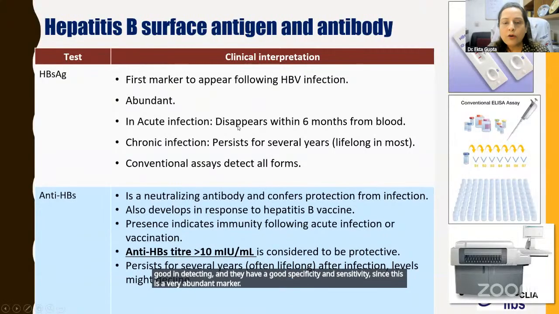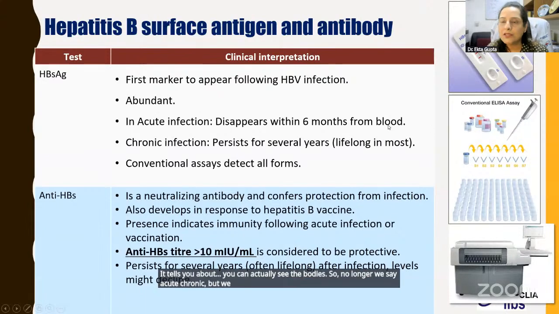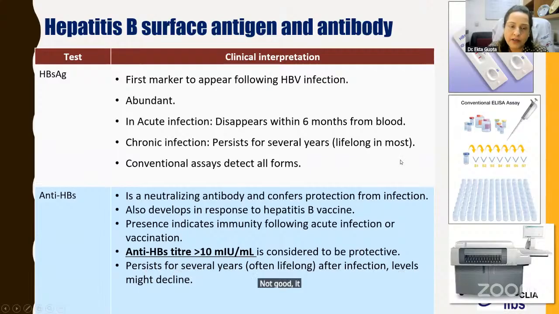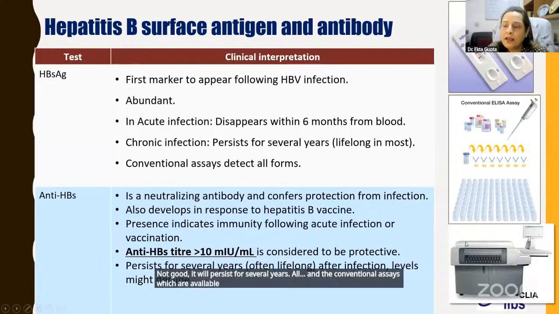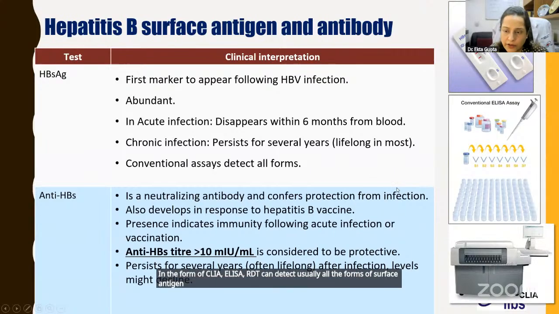It tells you about the body's immune response. No longer do we say acute or chronic, but we see the body's immune response. If the immune response is good, it gets cleared very fast. If not good, it will persist for several years. The conventional assays available in the form of CLIA, ELISA, and RDT can usually detect all the forms of surface antigen in circulation.